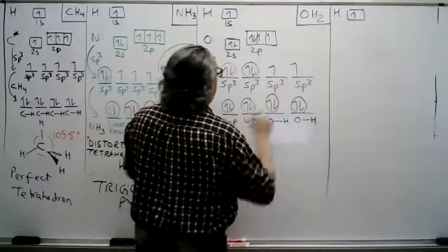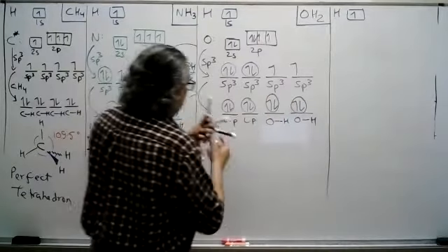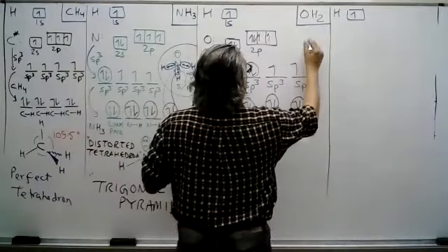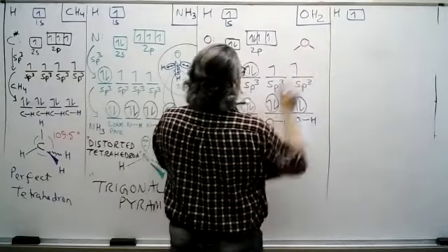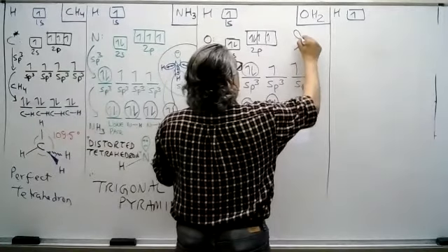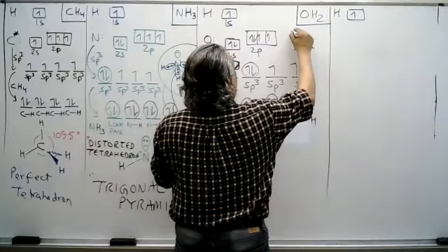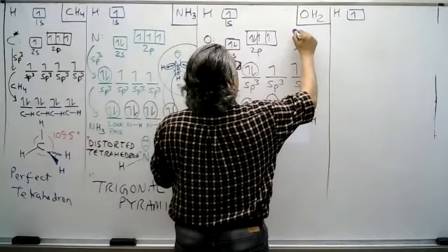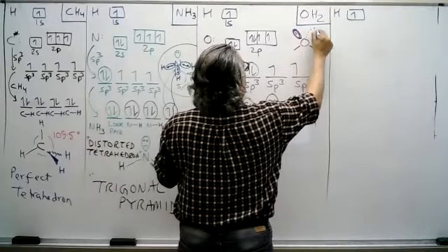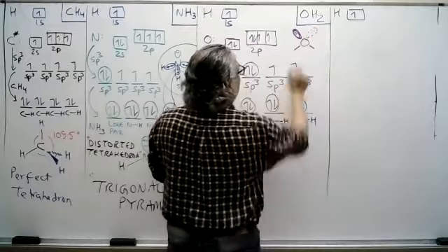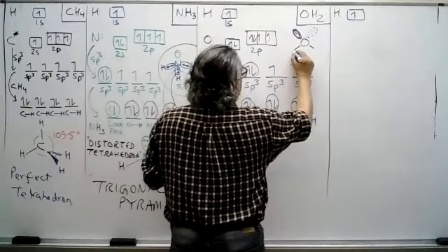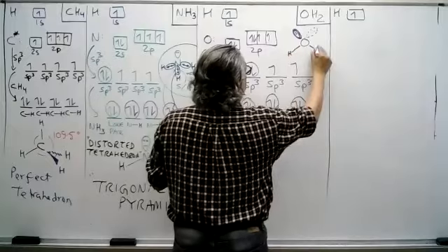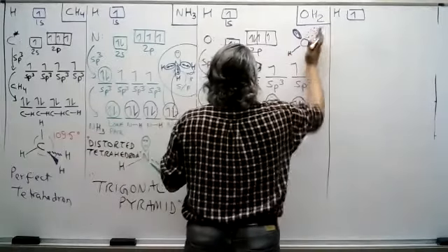That's the OH2 bond. And let me draw the molecule in a slightly different way, kind of upside down. Let this be the wedge, and let this be the one in the back, and let this be on the whiteboard. I'm just using a different convention to draw the molecule.